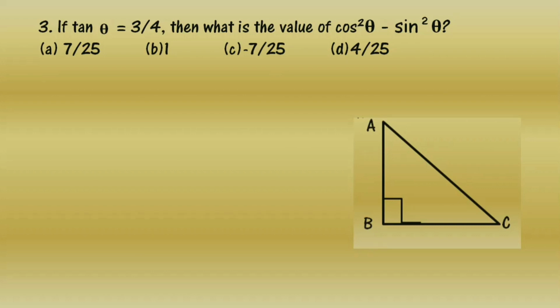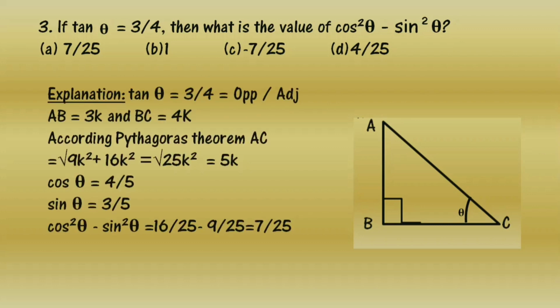So here consider angle C as theta. Tan theta is equal to 3 by 4. Definition of tan is opposite by adjacent. So AB is the opposite side, so we have to consider AB equal to 3k and BC equal to 4k.